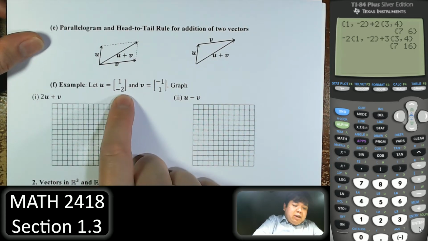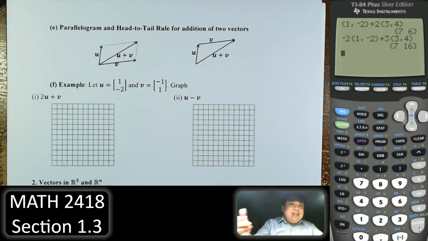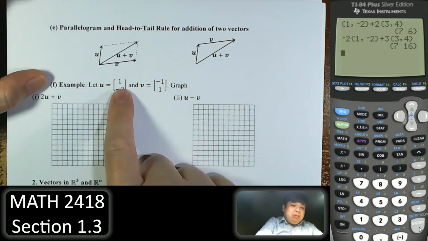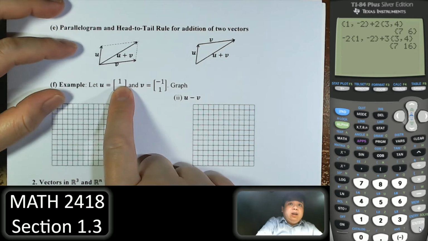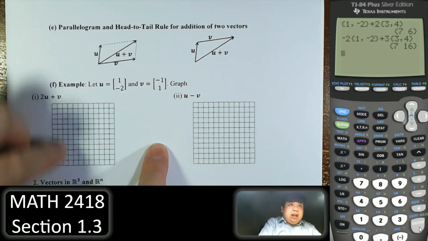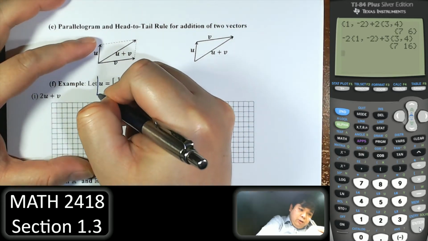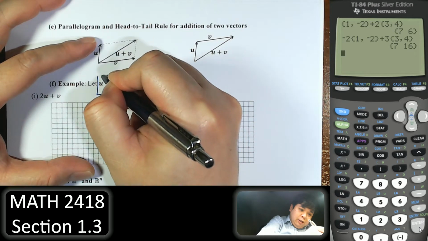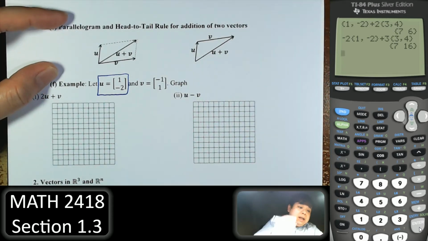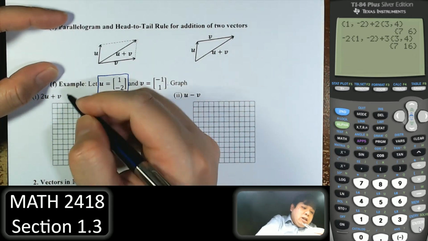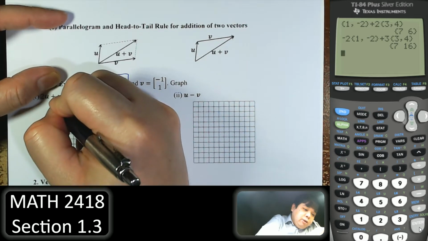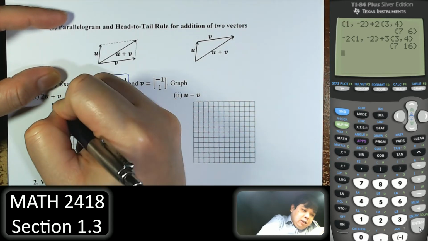Right. Now, let u be the vector 1, -2. Like I said, location doesn't matter. What it means is we go 1 horizontally and -2 vertically. So let's look at the vector u. In general, it is 1 unit to the right and 2 units down. So we can say this is the vector u.